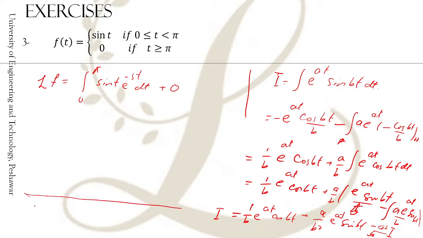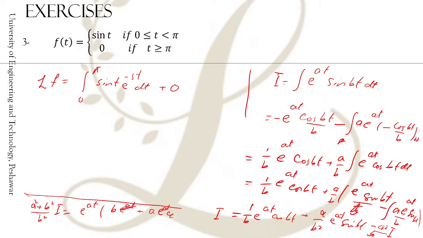So the left side becomes a square plus b square divided by b square I, and the right side becomes 1 over b. I take e power at common, and then this becomes b e power at, plus a e power at, into cos bt. E power at is taken common.